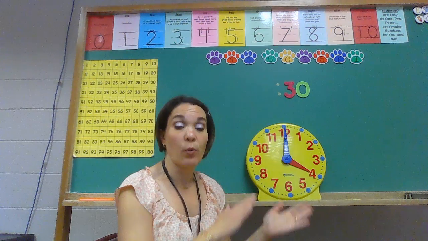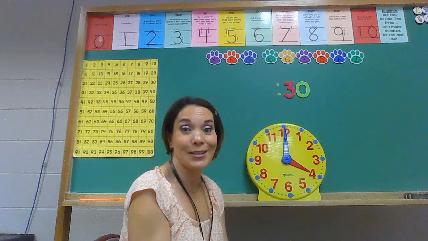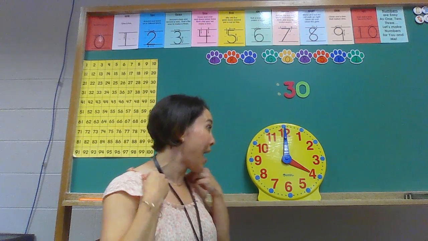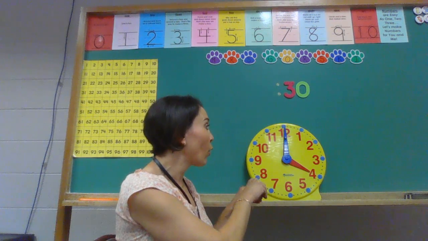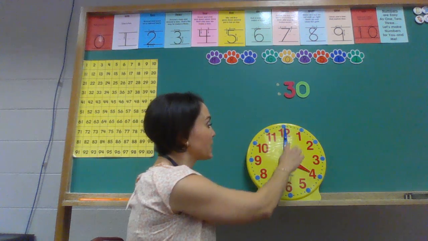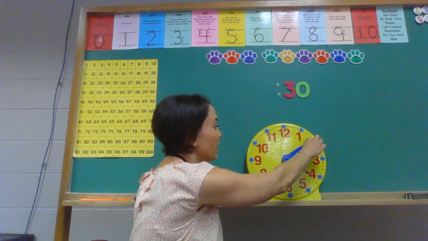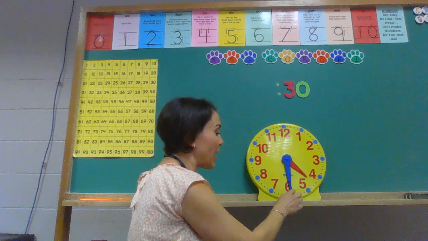So there we go. Now we've done it twice. What we want to focus on today is just the minutes that equal 30. So that's why we are going to end up on the 6. 5, 10, 15, 20, 25, 30.